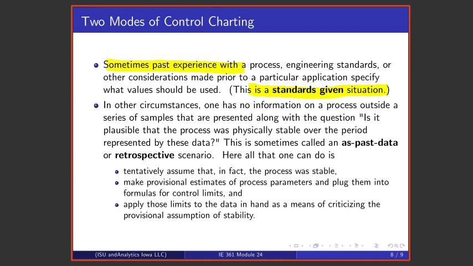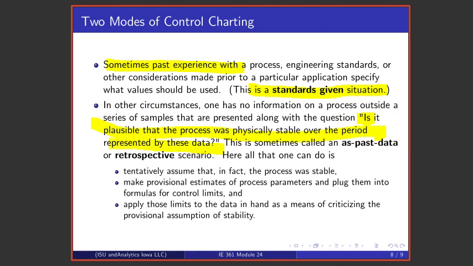In other circumstances, one doesn't have past experience and is just presented with a series of samples, and the question: is it plausible that the process was physically stable over the period represented by the data? And we're going to call that an as-past data or retrospective scenario.